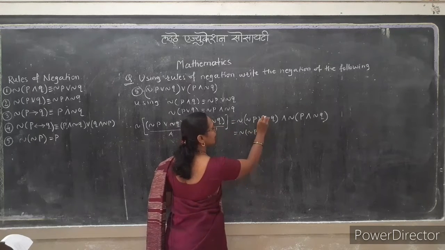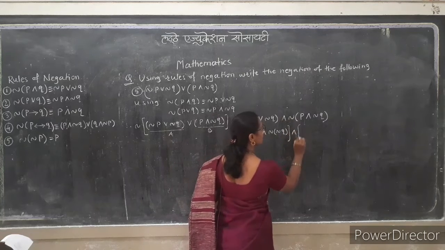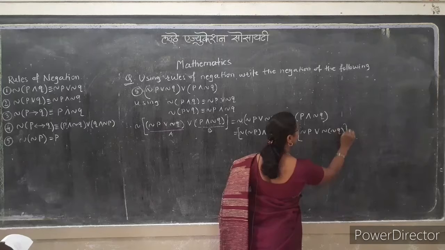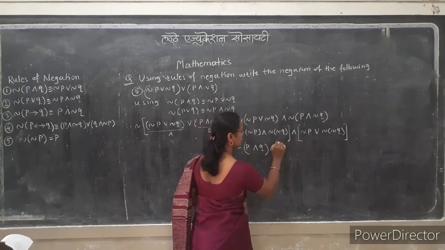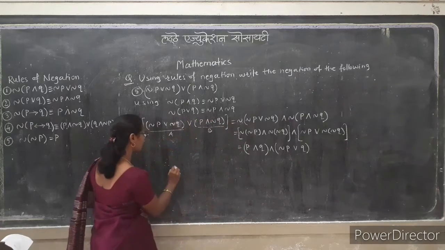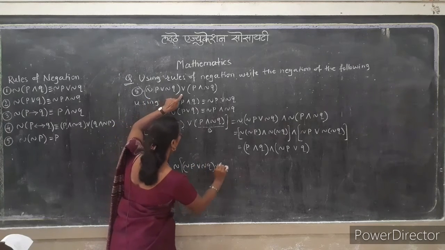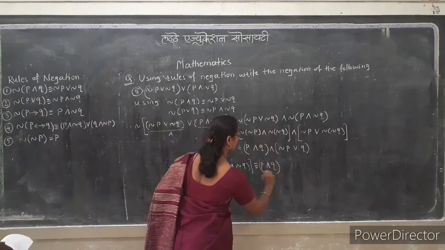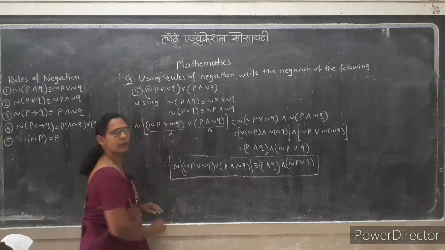Therefore, for the first bracket, the negation of negation P, the disjunction is replaced by conjunction, the negation of negation Q. This is for the first bracket. Disjunction for the second bracket, negation of P and negation Q. Therefore, ¬(¬P) or ¬(¬Q). The negation of negation P is P and the negation of negation Q is Q. And in the second bracket, ¬P disjunction the negation of negation Q, which is Q. Therefore, the negation of the given statement, ¬(¬P) ∧ ¬(¬Q) ∨ (¬P ∨ ¬(¬Q)), is logically equivalent to (P ∧ Q) ∨ (¬P ∨ Q). This is our negation statement. Okay.